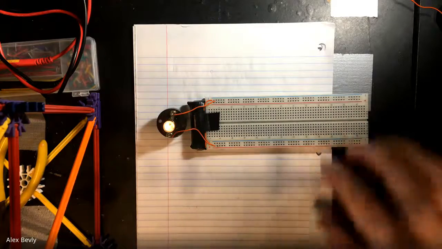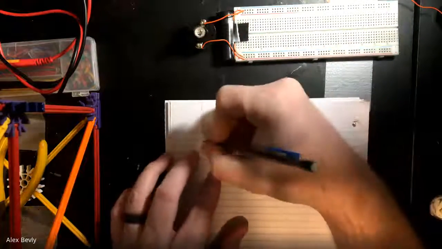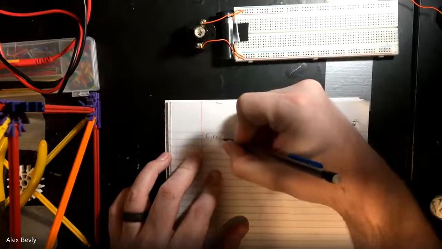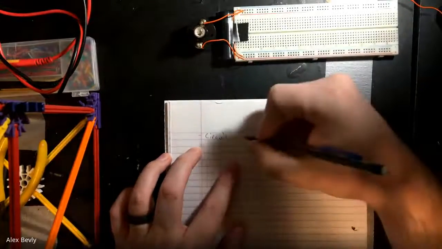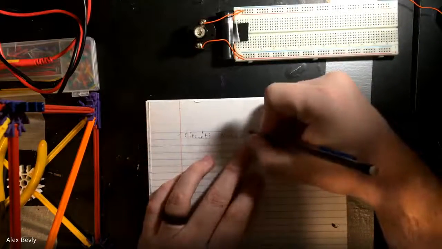So when we're looking at this, let's look at what we need for a circuit. We're going to need wires, and this is to complete the circuit.